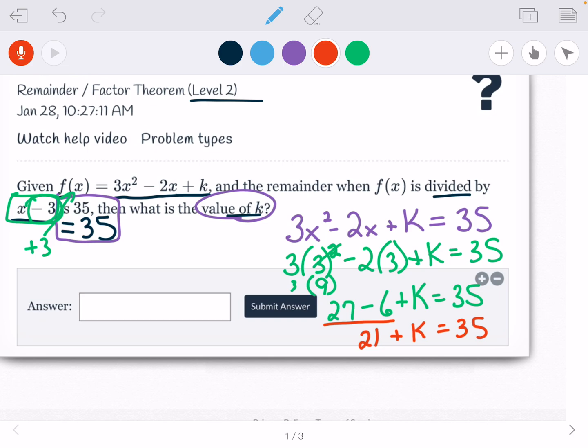And then what do you do next if you're solving for k? You subtract 21 from both sides. So k equals 35 minus 21, which is 14. So I plug 14 in here and submit my answer. Let that sink in. Rewind if you need to.